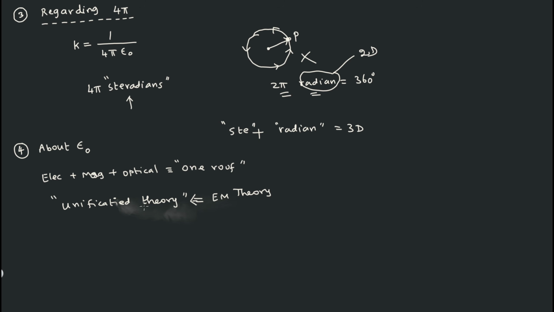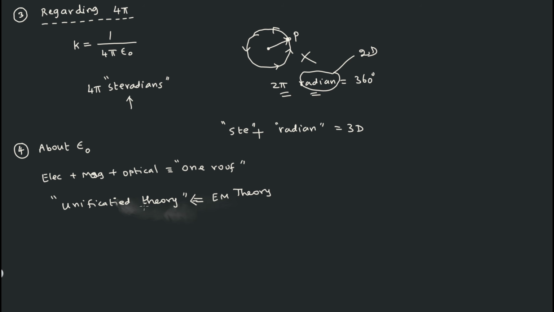If that happens, then we say unification is taking place. If that doesn't happen, then they are all scattered. You will be having 200 equations and some 400 laws, and you will not be able to understand what is the link between one law and another principle. It will be too scattered, and that leads to difficulties in understanding and grasping the entire thing.